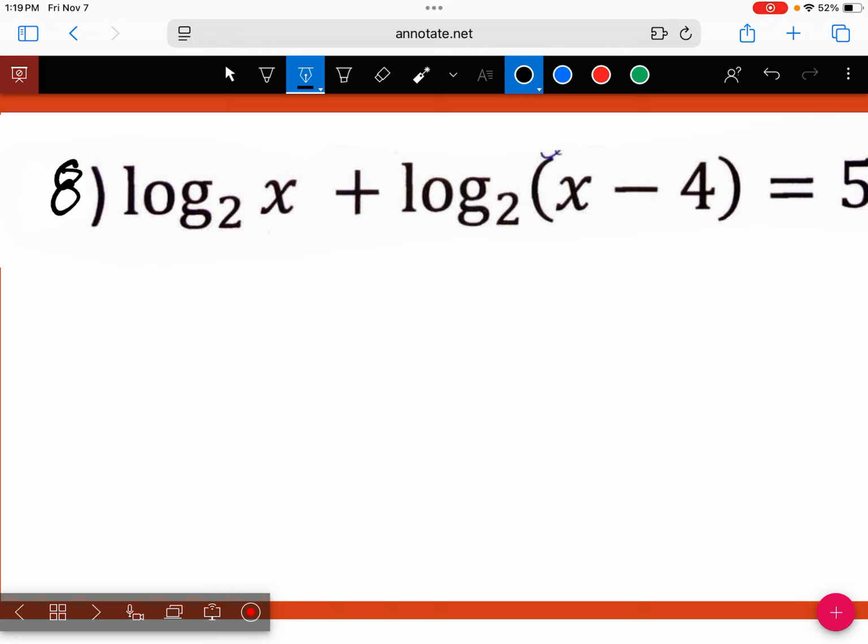Okay, so before we can do anything, we are going to have to do a rewrite. But before we do that, we need to condense this down to 1 log.